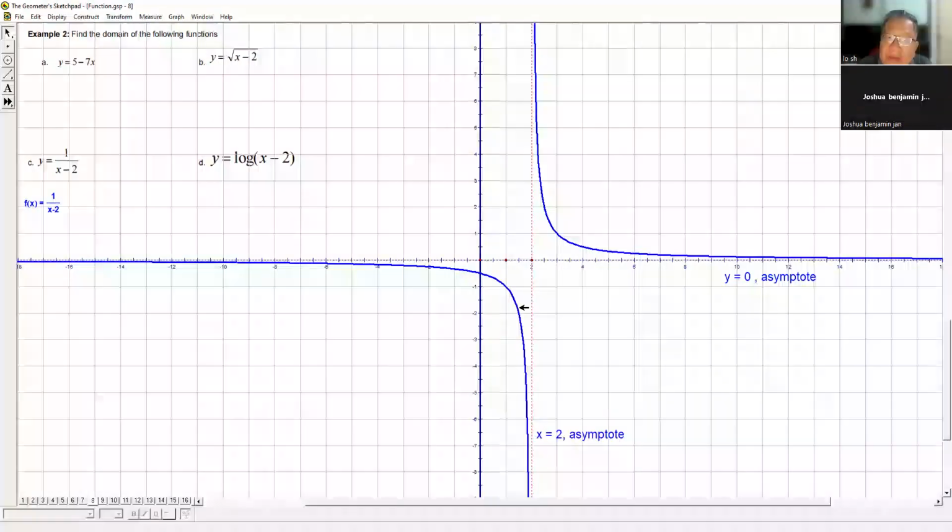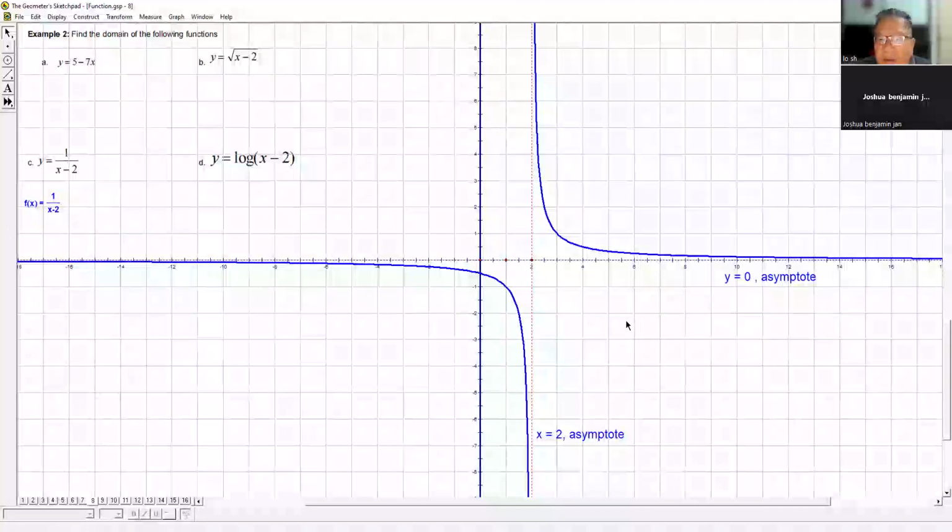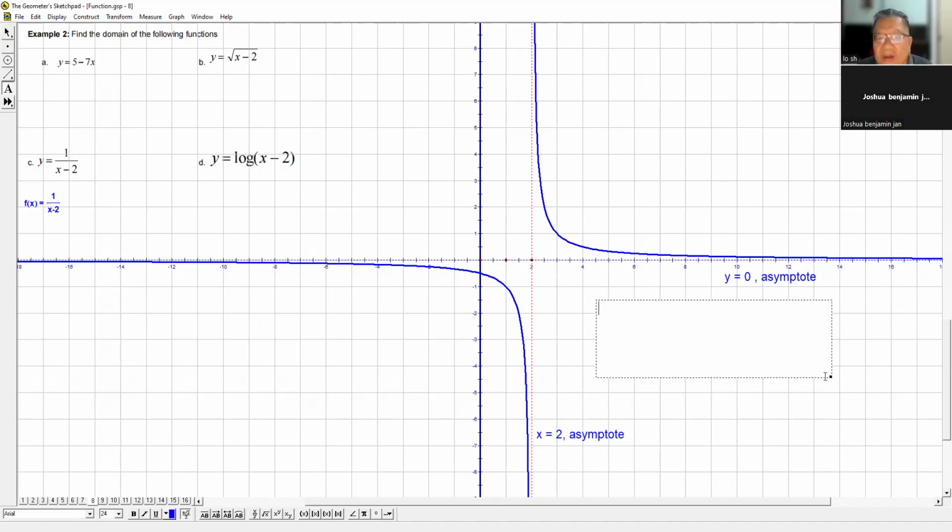That means the blue line cannot have any value equal to the value of the red line. So how to say the domain, the value of x?